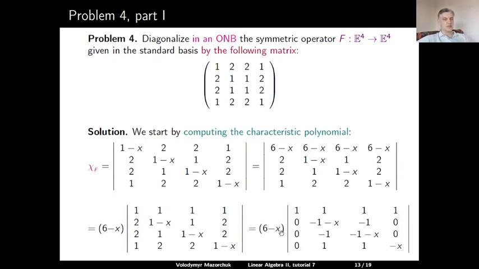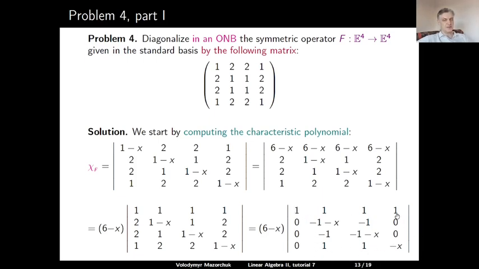So we get 6 minus x times the determinant of the matrix 1, 1, 1, 1, 0, minus 1 minus x, minus 1, 0, 0, minus 1, minus 1 minus x, 0, 0, 1, 1, minus x. And we see that this is a block upper triangular matrix, where one block is just 1, and the other block is this 3 times 3 matrix.